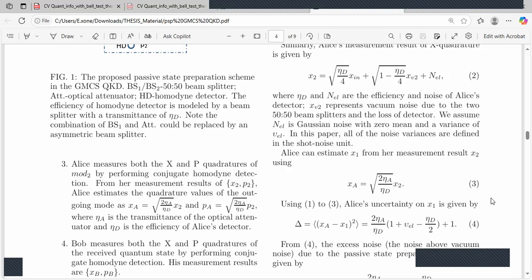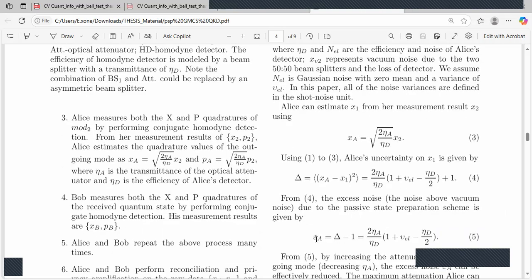So in order to eliminate the vacuum noise, or the shot noise, we have to eliminate the variance of that vacuum noise.